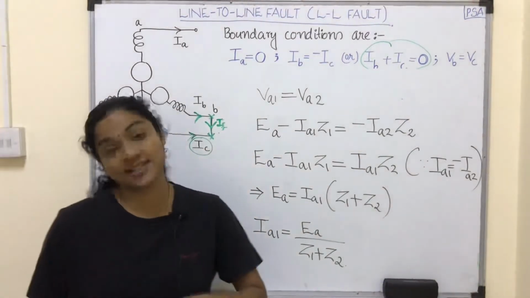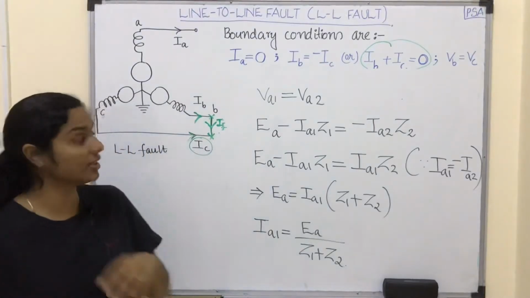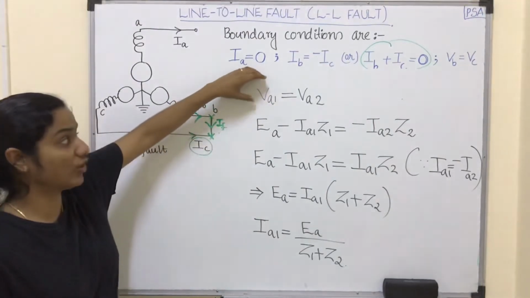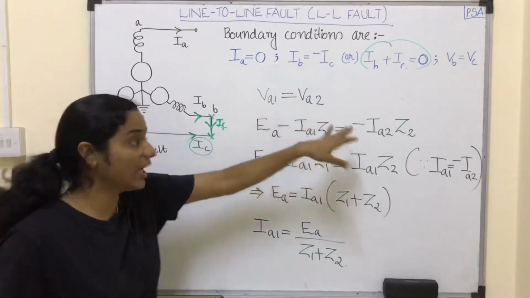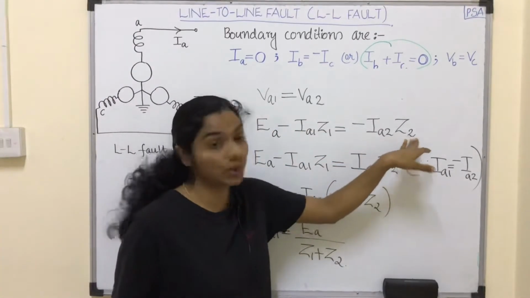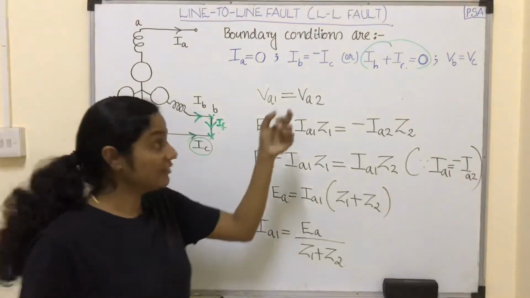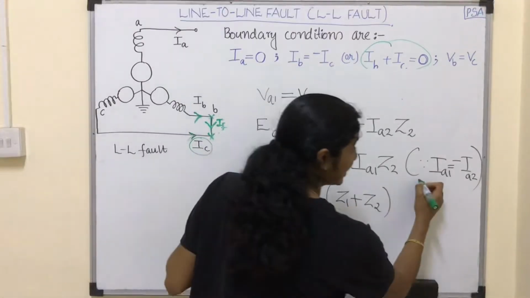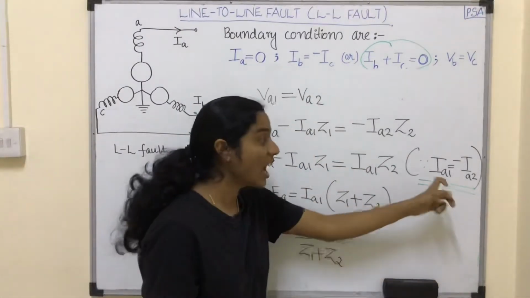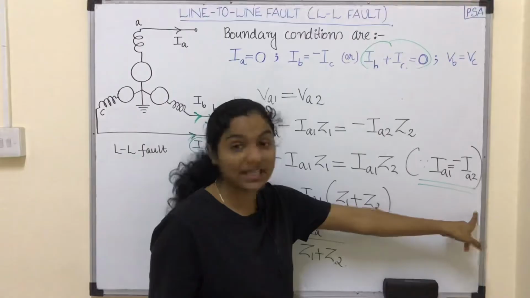We have already discussed that part. From that result, we know VA1 is equal to EA minus IA1 into Z1 and VA2 equal to minus IA2 into Z2. And prior to this section, we have already derived that IA1 is equal to minus IA2.